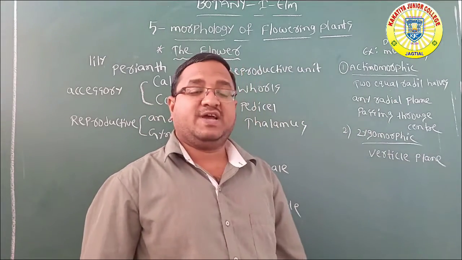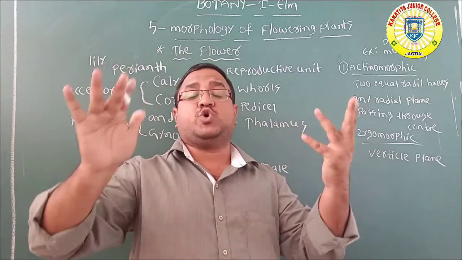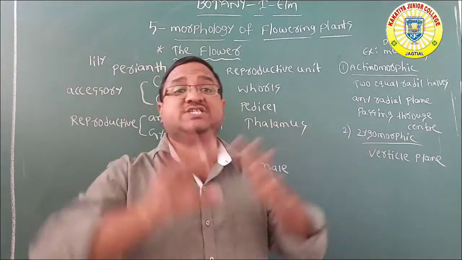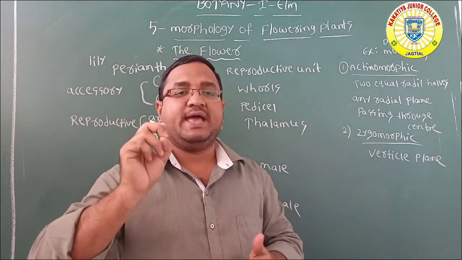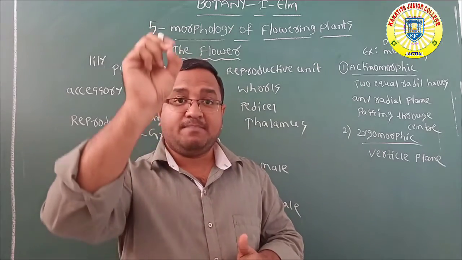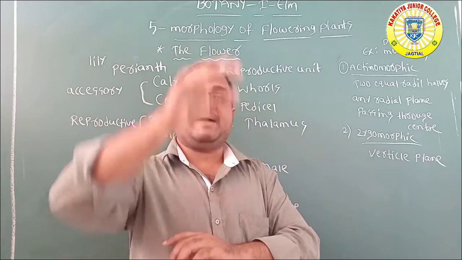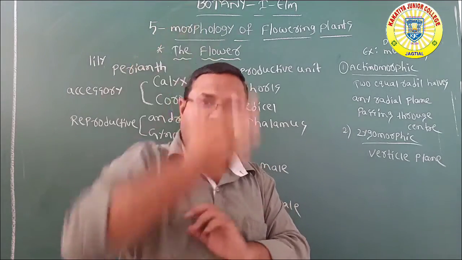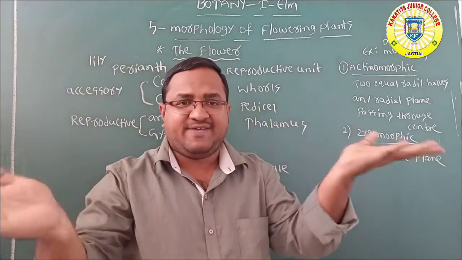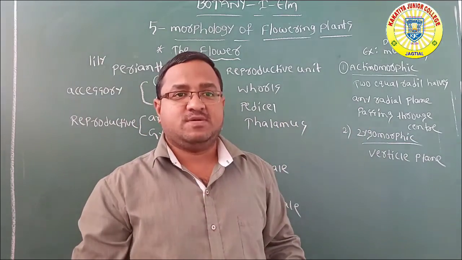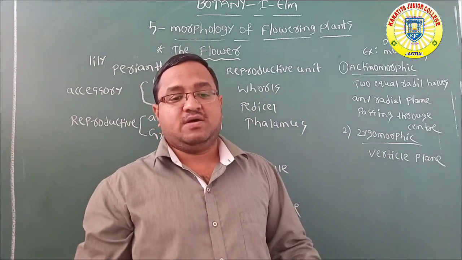We can divide the flower into two equal halves, but not in any direction, only in a particular vertical plane. That is called zygomorphic.